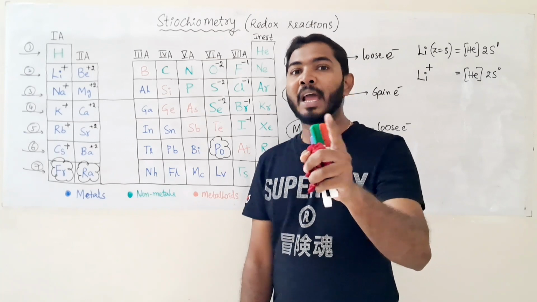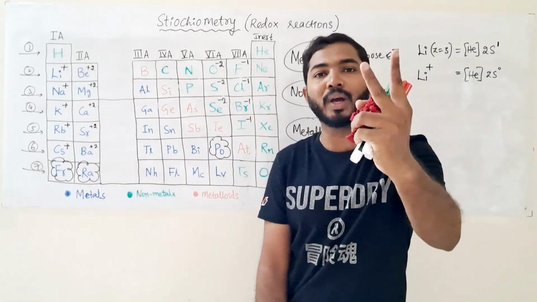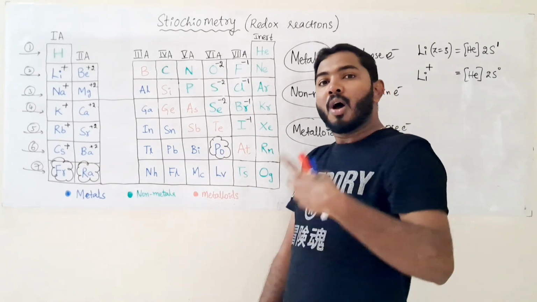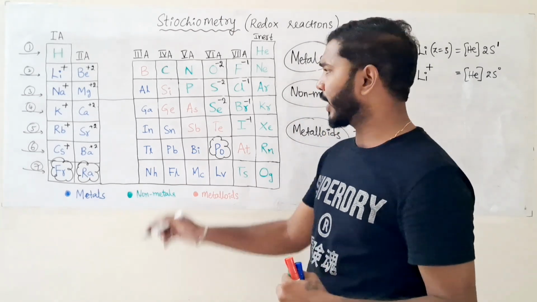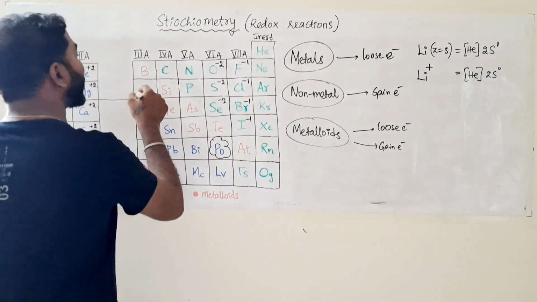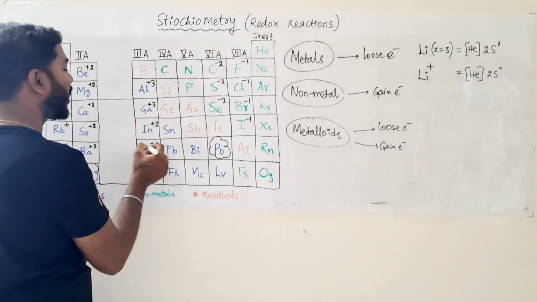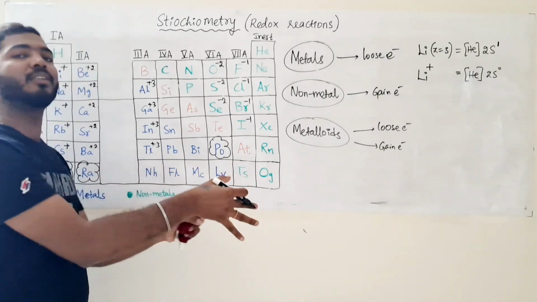Hope you understood. Because one 2A group element is going to lose 2 electrons, those 2 electrons will be taken by one 6A group element or 2 elements of the 7A group. Next, moving to the 3A group metals: aluminium +3, gallium +3, indium +3, thallium +3. As I told you, I am not going to include these elements in my lecture.